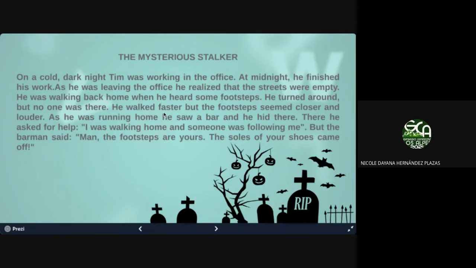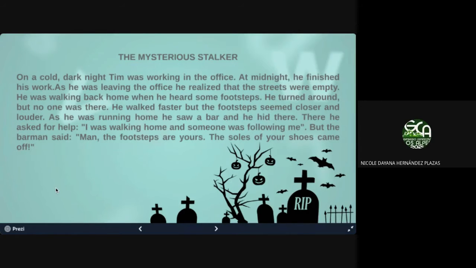He walked faster, but the footsteps seemed closer and louder. As he was running home, he saw a bar and he hid there. There he asked for help. I was walking home and someone was following me. But the barman said, man, the footsteps are yours. The soles of your shoes came off.